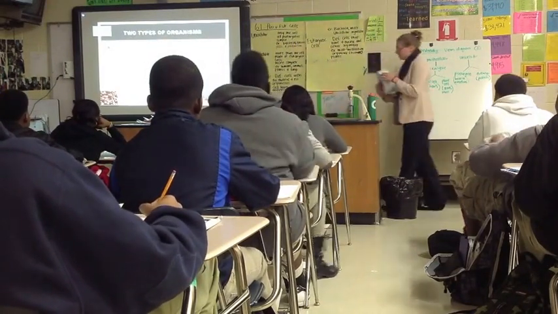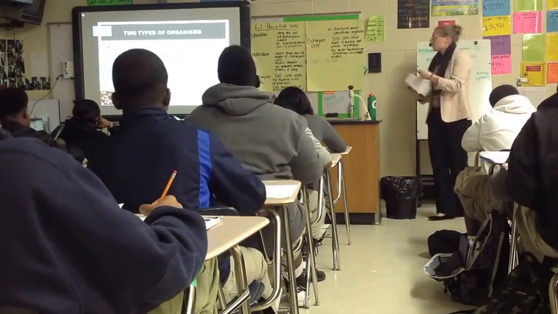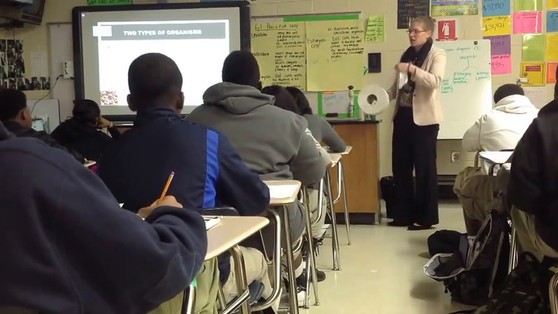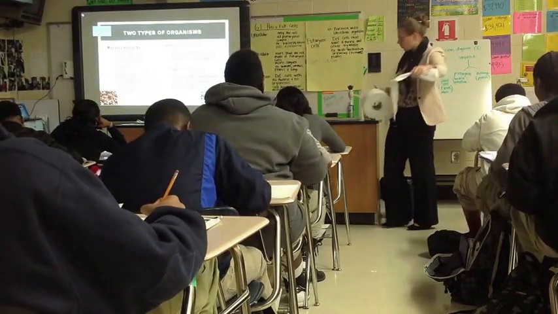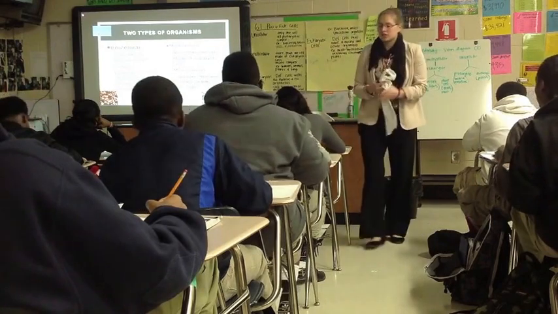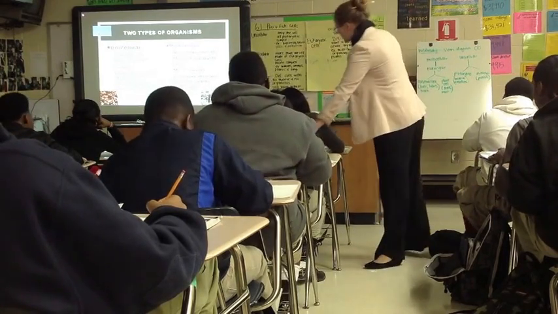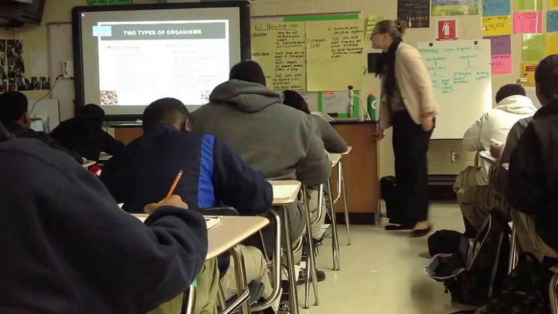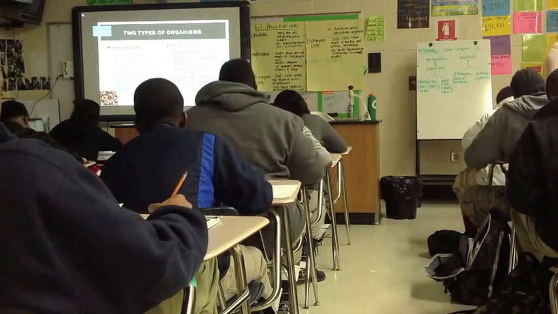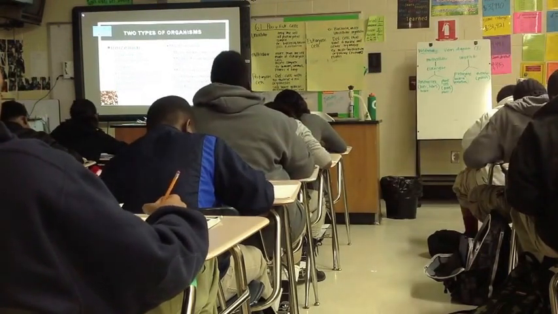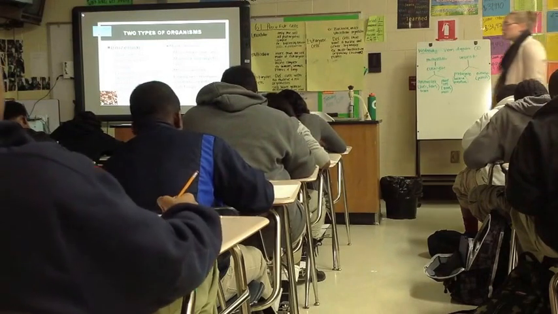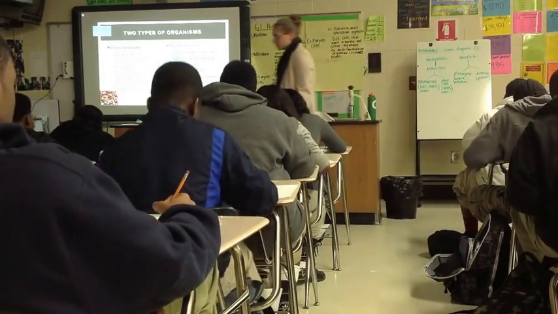All right, so there are 2 different types of organisms. You guys are writing this in your notes. We have our unicellular organisms, and just like unicycle, uni means 1. So our unicellular organisms consist of only 1 cell. All prokaryotes are unicellular organisms, so they're just 1 tiny little cell all alone in the world.